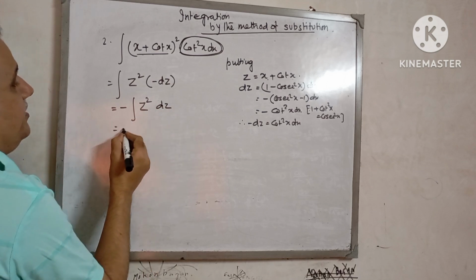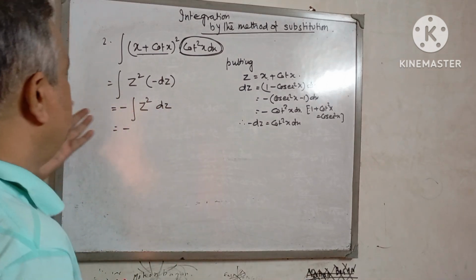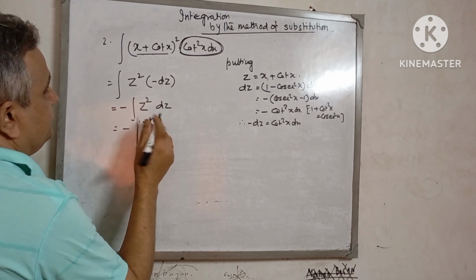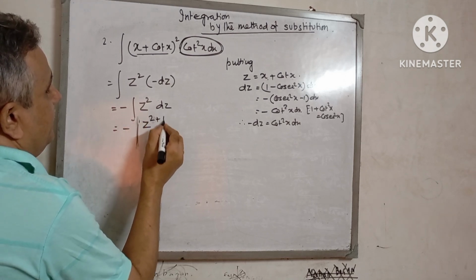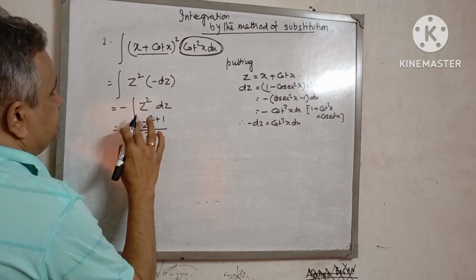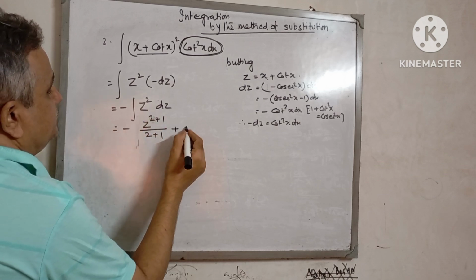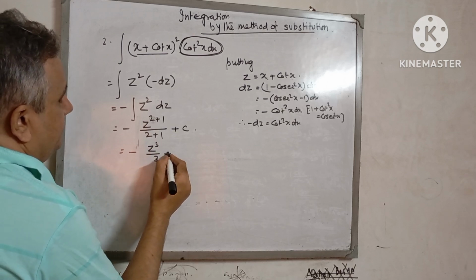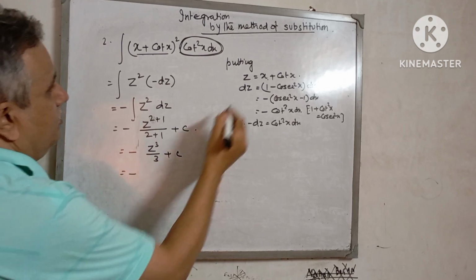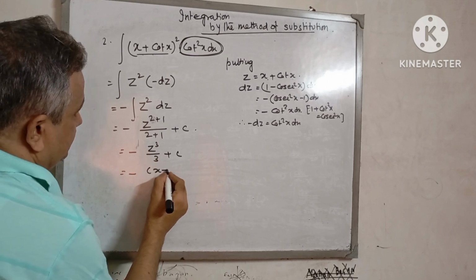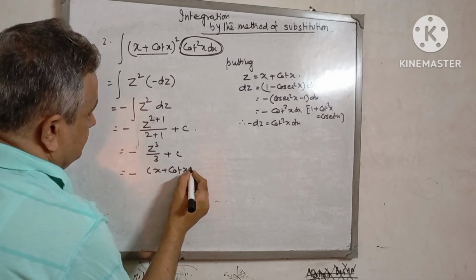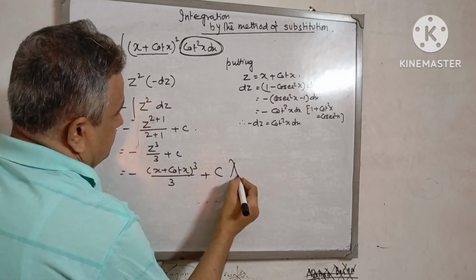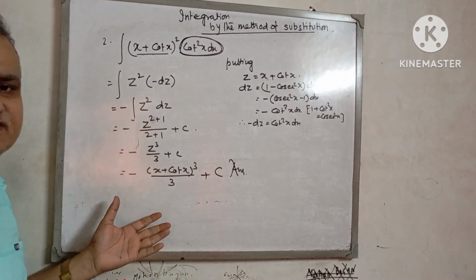Now integrate, it becomes into the standard form, x to the power n formula, that is x to the power n plus 1 by n plus 1 plus constant, that is minus z to the power 3 by 3 plus c. Now substitute the value of z, minus x plus cot x whole cube divided by 3 plus constant. This is your answer. Simple problem.